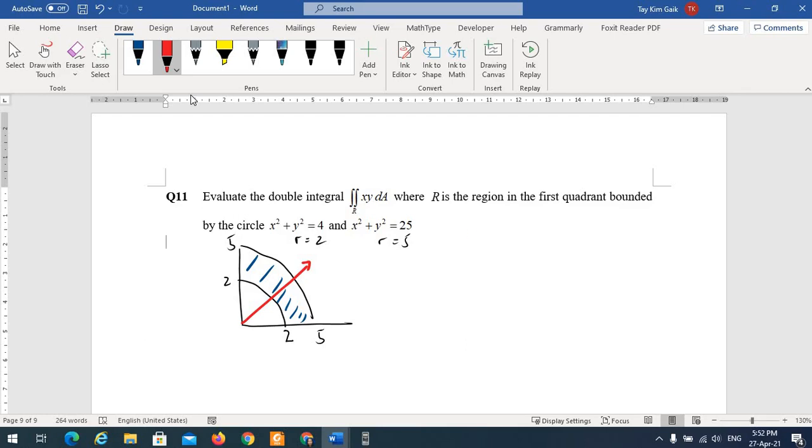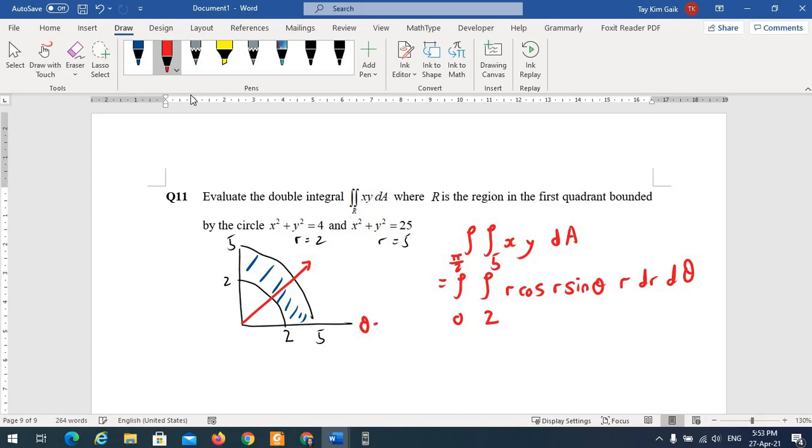So your double integral of xy dA. For a circular region we use polar coordinates. So x is r cos theta, y is r sin theta, dA is r dr d theta, r from 2 to 5, theta from 0 to pi over 2. So theta 0 is along the x-axis, up to the y-axis where theta equals pi over 2.